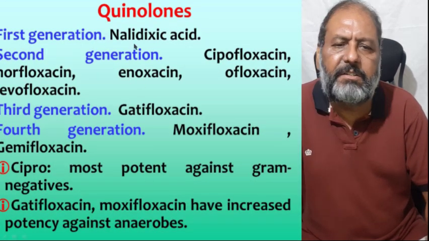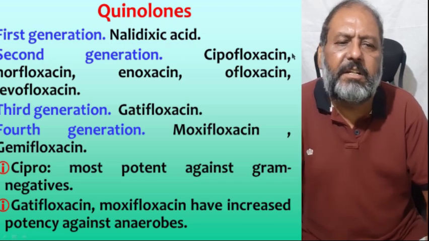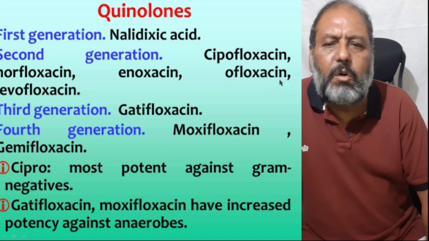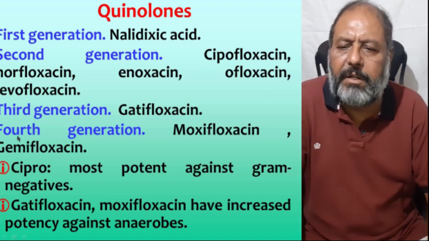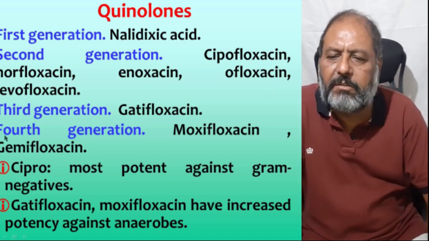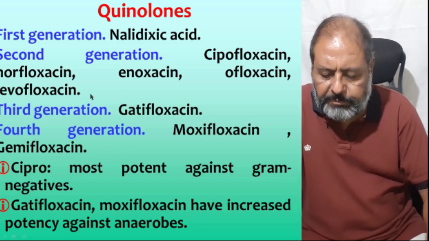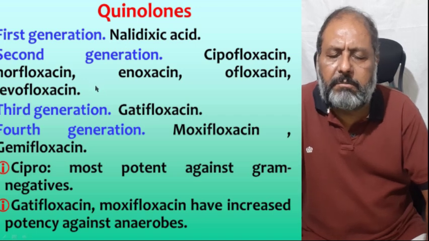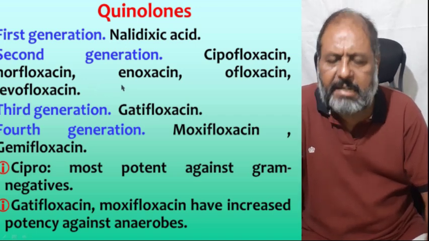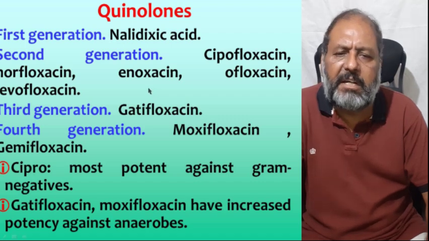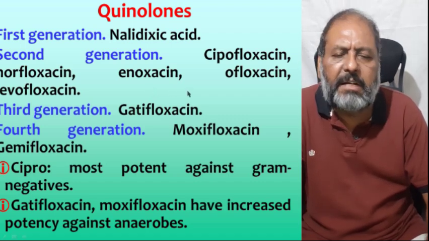The first generation is nalidixic acid, second generation is ciprofloxacin, norfloxacin, enoxacin, ofloxacin, levofloxacin, third generation is gatifloxacin, fourth generation is moxifloxacin and gemifloxacin. Many of the other quinolones came into the market, but have been abandoned for certain reasons, like intolerable side effects and disapproval by the FDA.